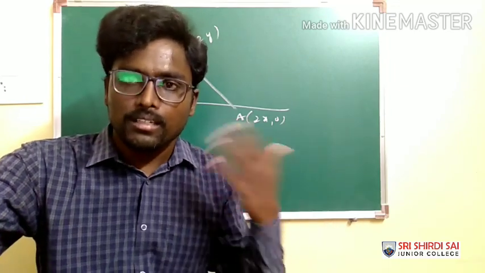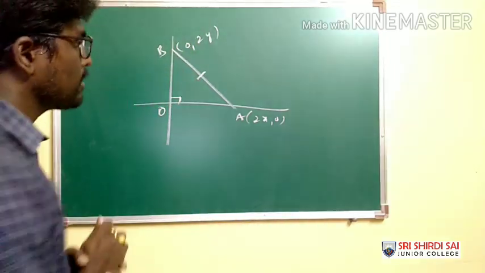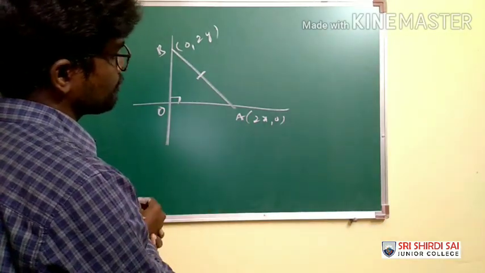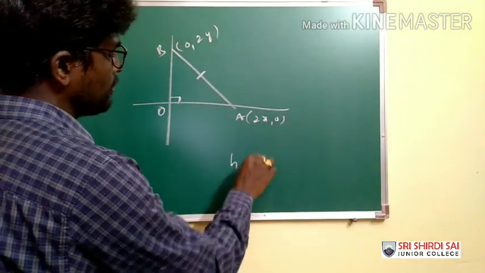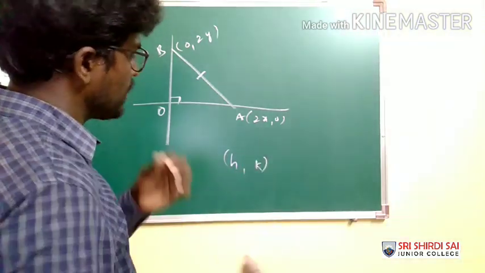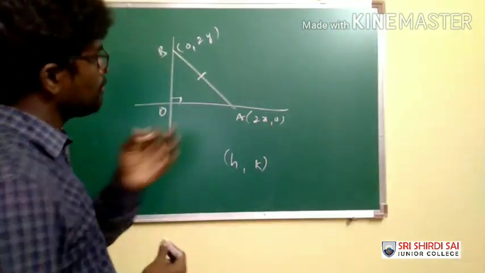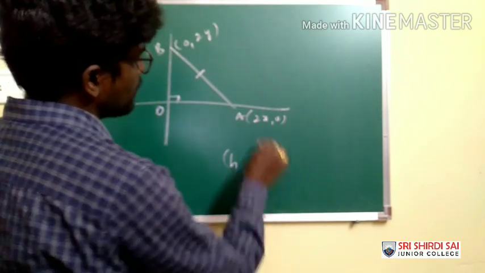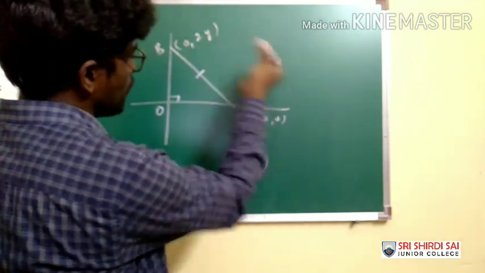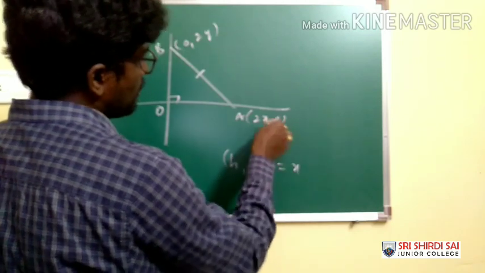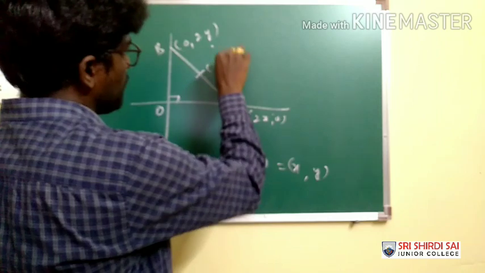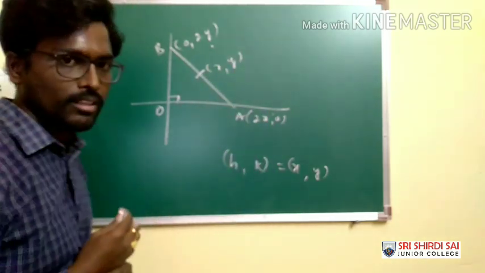Let's consider the point to be H comma K. H comma K is the midpoint of AB. Midpoint of AB: 2x plus 0 by 2 means x, and 0 plus 2y by 2 means y. So the midpoint of AB is x comma y.